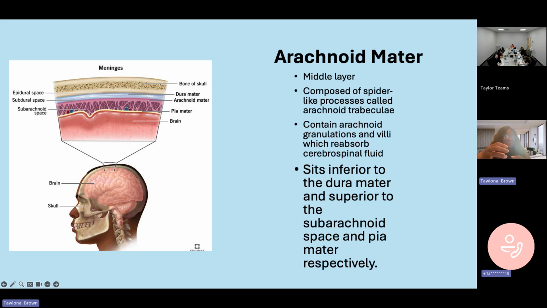And all I want you to know is, superficially, that it's the middle meningeal layer and what it's composed of. It's going to sit below, or inferior to, the dura mater and above, or superior to, the subarachnoid space and pia mater, respectively.